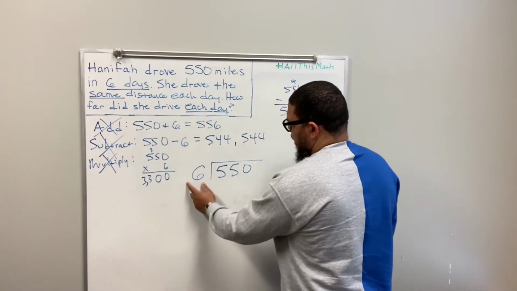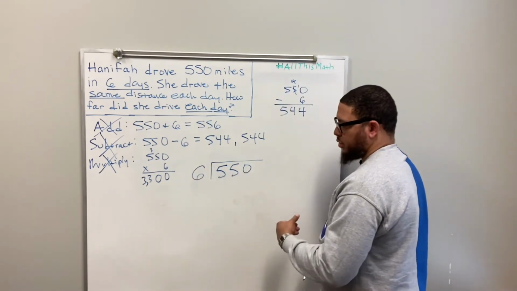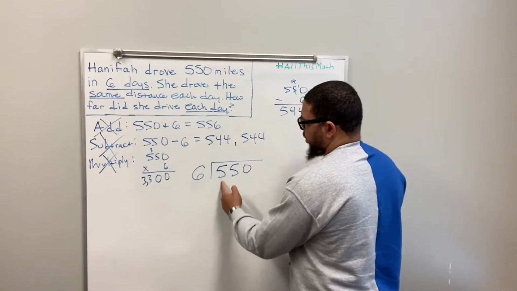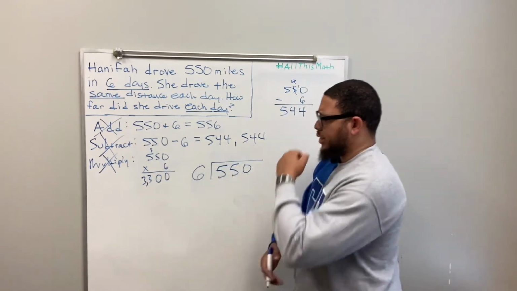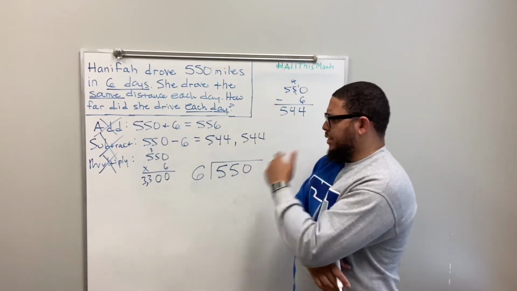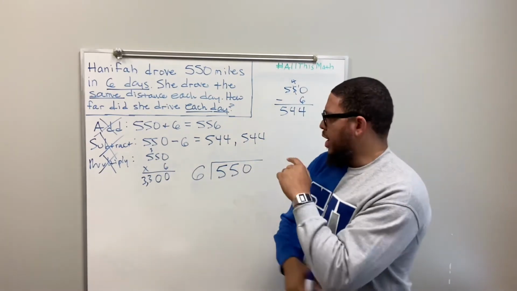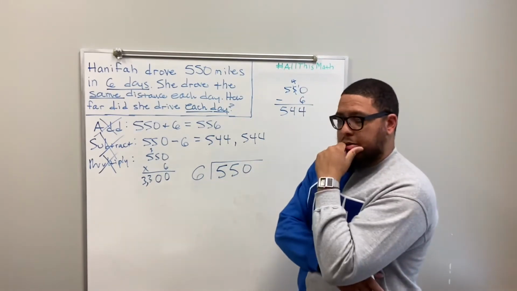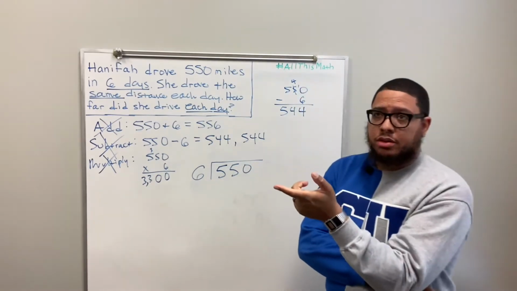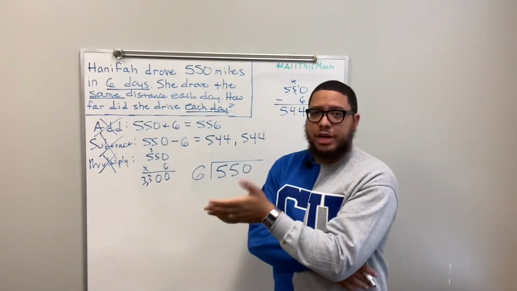We look at the first number in the dividend, which is 5. We ask ourselves, how many 6s can fit inside 5? Well, 6 is bigger than 5, so 6 can't fit inside 5. Not a whole 6.